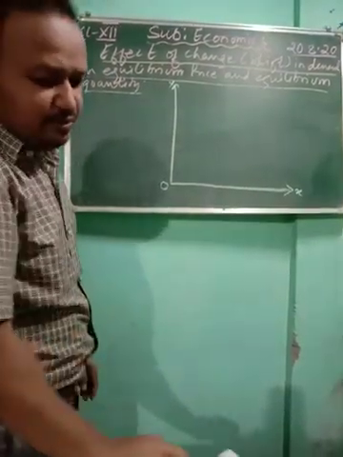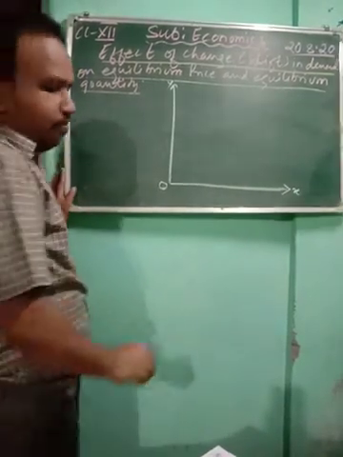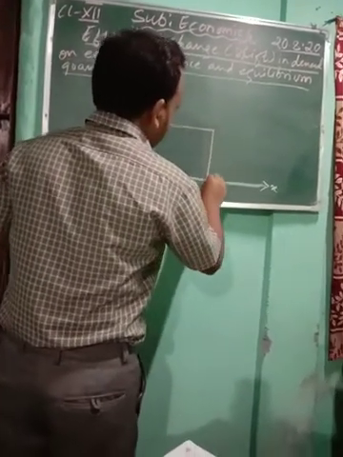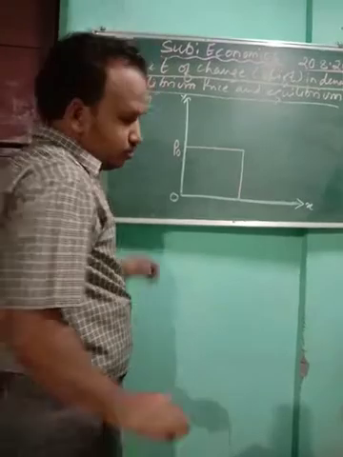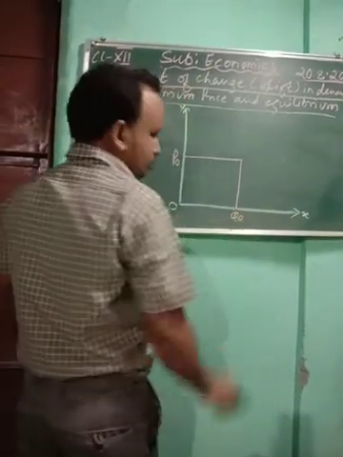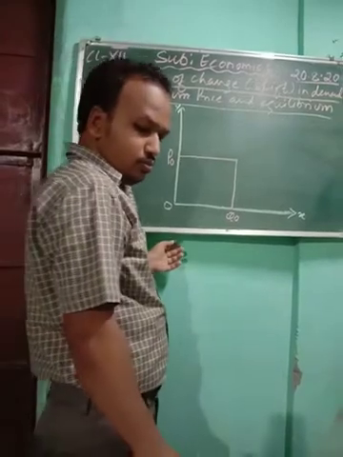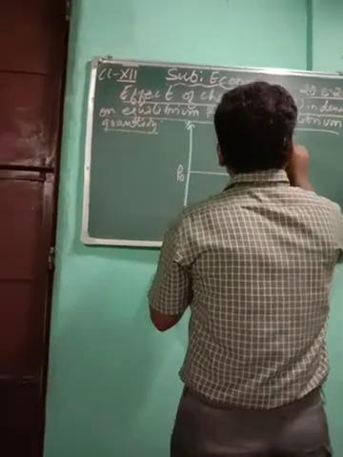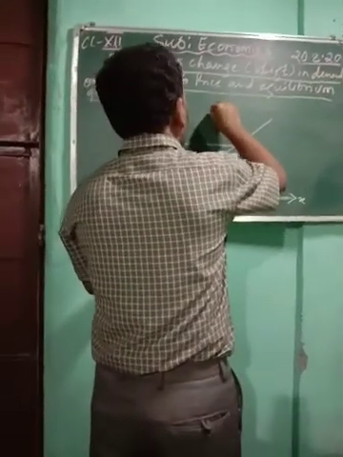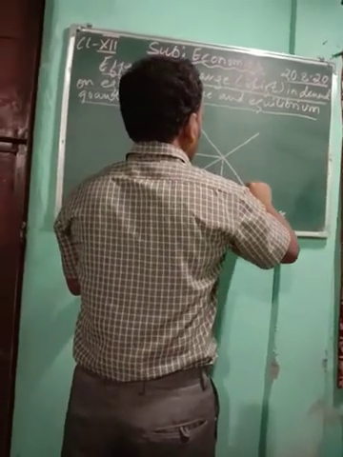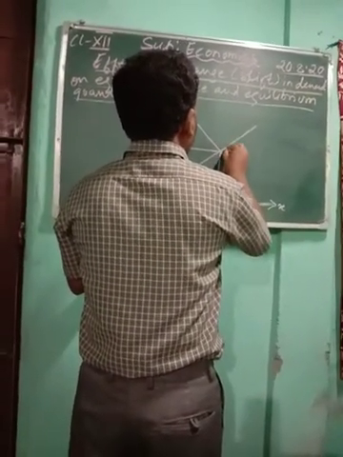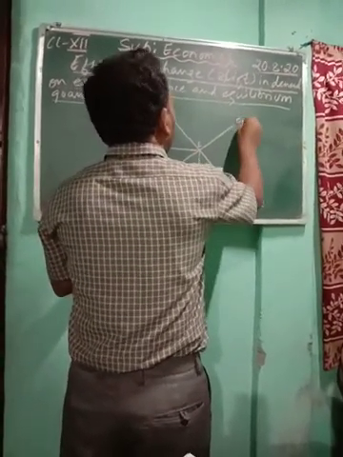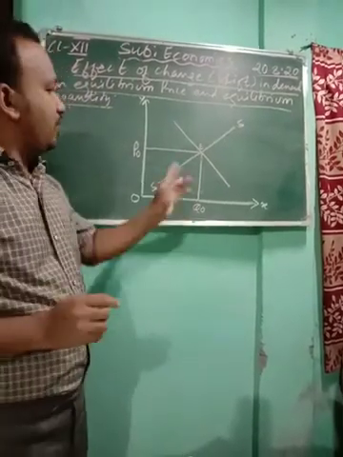First we are going to see it with the equilibrium price P0. Supply will remain constant.